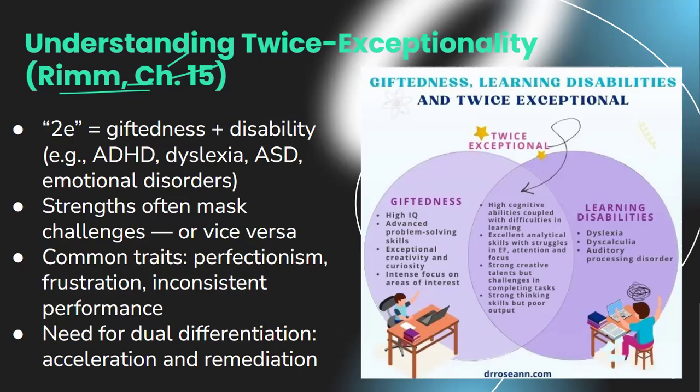But the reason I say that it's tri is because it's a really unique juxtaposition of giftedness and also learning disabilities. They truly are their very own type of exceptionality. And strategies that work with giftedness and strategies that work with learning disabilities oftentimes have to be modified for this very special population of students.